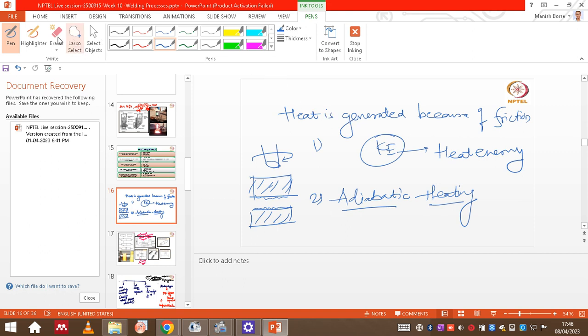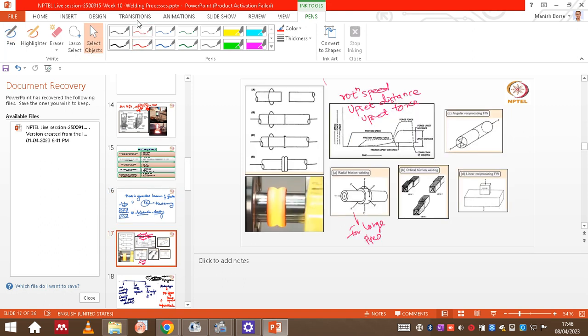The first friction based process we have seen in the regular classes is friction welding, and that is mainly used for joining pipes, whether solid or tube type, having internal and outer diameter.